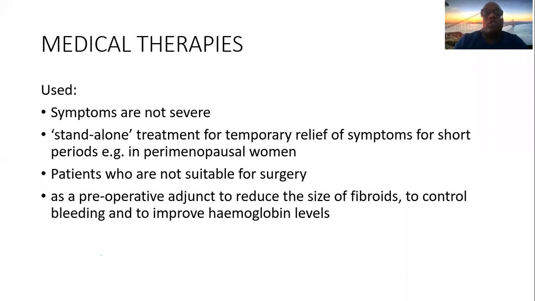We also use medical treatment where the patient is not suitable for surgery. For example, a patient with coexisting cancer, we are not inclined to rush to theater to remove these fibroids. And medical therapy can also be used preoperatively to reduce the size of the fibroids, control bleeding and improve the hemoglobin levels.